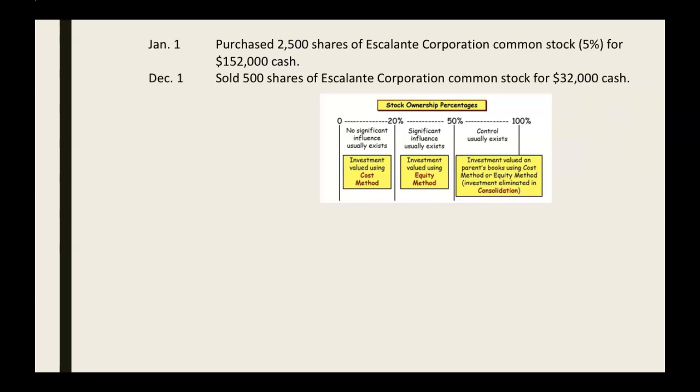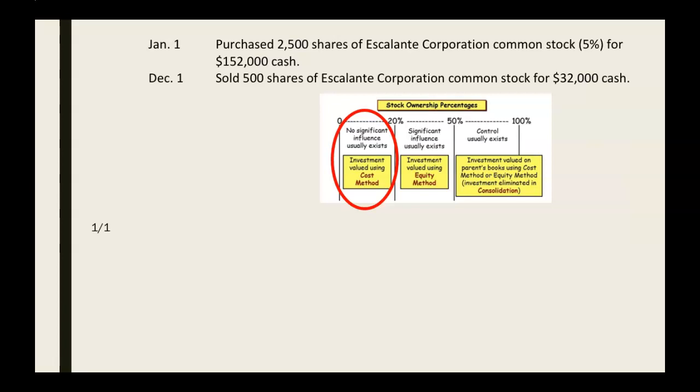So we have this chart here. If we own 5%, we don't have significant influence, and so we need to value our investment using the cost method. So we're going to be using the cost method journal entries here in question number 4.